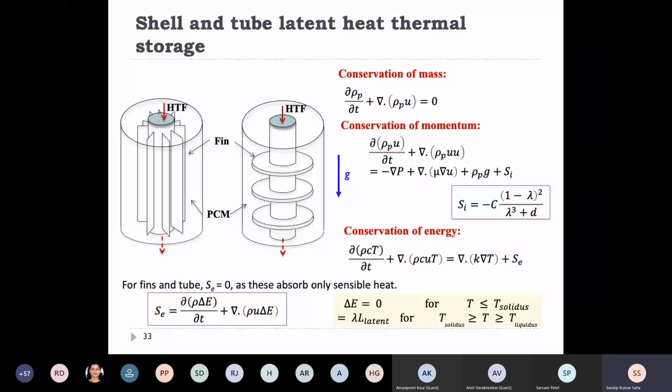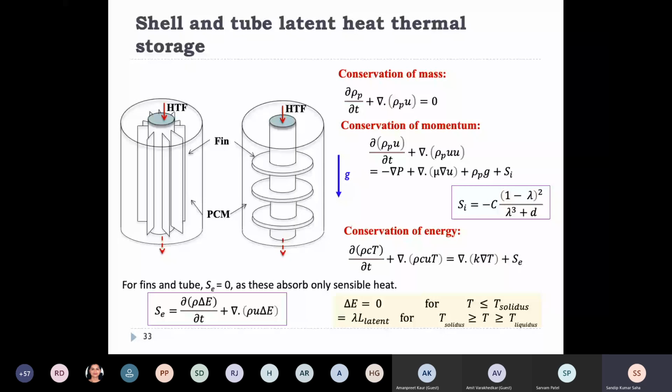So here, as I told you during the enthalpy-porosity technique, I can use a single energy equation, a single momentum equation, a single continuity equation for the fin as well as the PCM. If I write the equations, the same equations whatever I have derived, then this problem can be solved very easily. There is no new thing I have to introduce here.